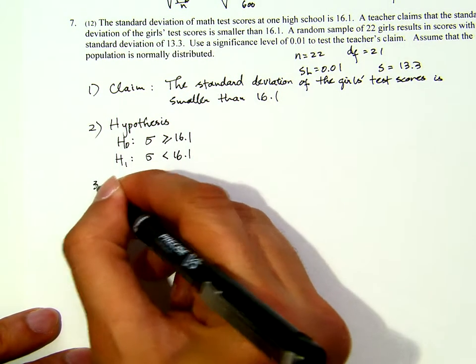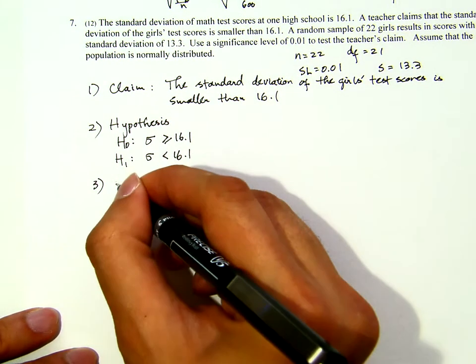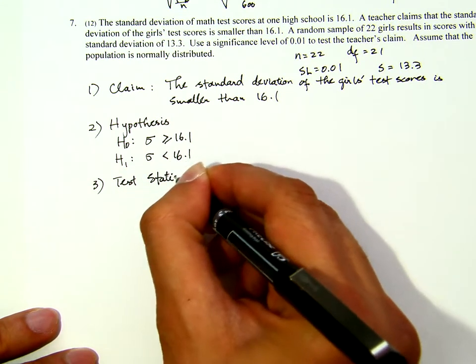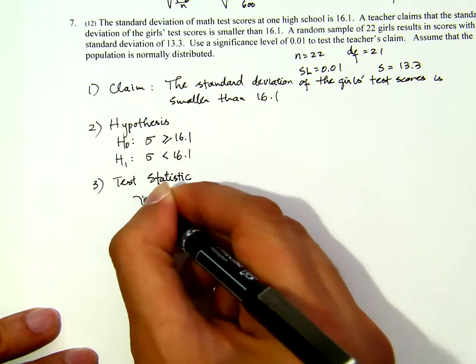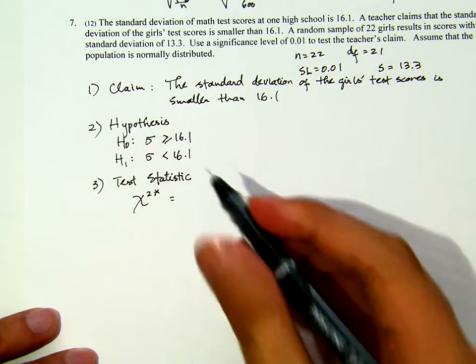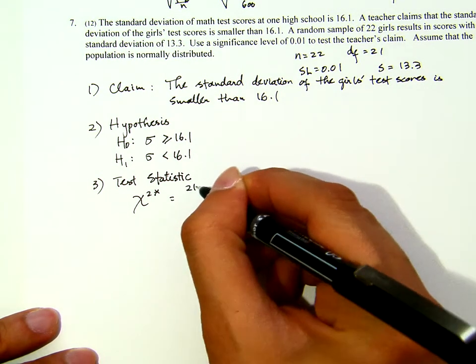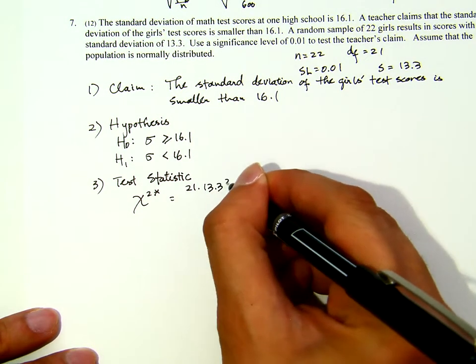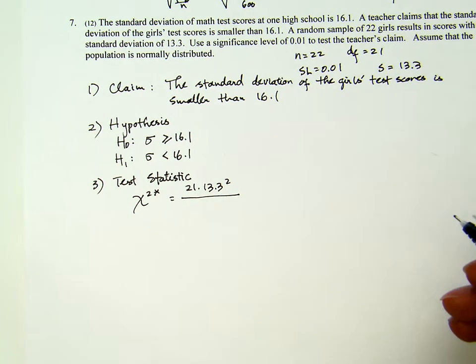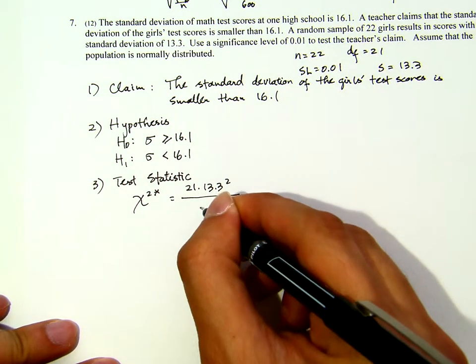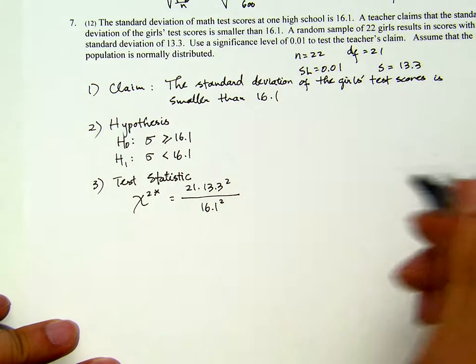Okay, now so let's see, step 3, the test statistic. The chi-squared star, let me use that, equals the degree of freedom times the sample standard deviation squared, divided by the standard deviation of the population being claimed, squared.